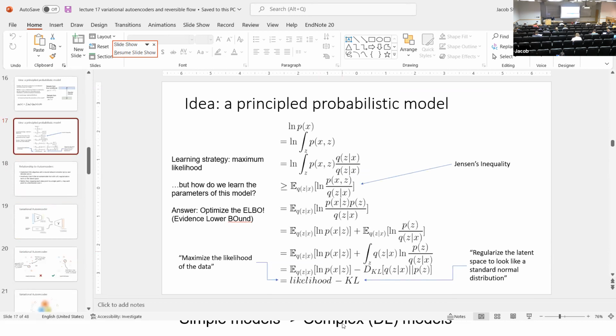So we start with the log likelihood of our data, given by log p of x. The idea is that we're going to introduce what we will call a latent variable z, so that we can train with this autoencoding setup, where z is that intermediate vector.